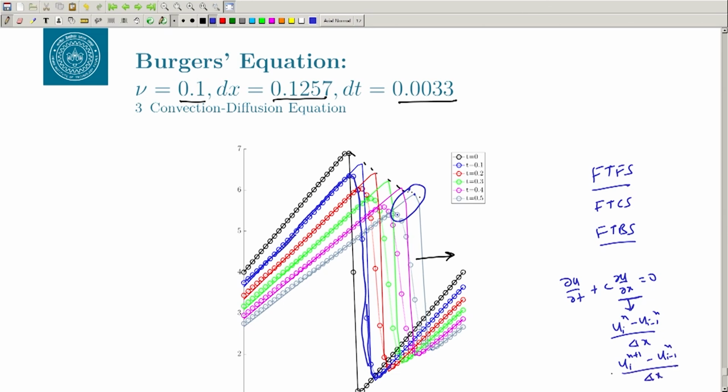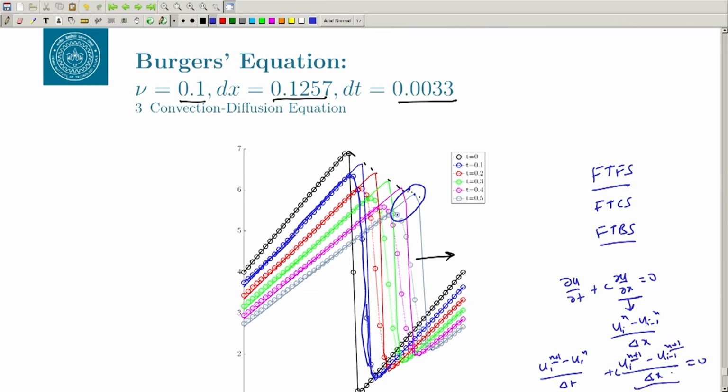So, this will be u i n plus 1 minus u i n by delta t equal to 0, and you can see that on the right hand side also, this is at n plus 1 and this is also n plus 1.